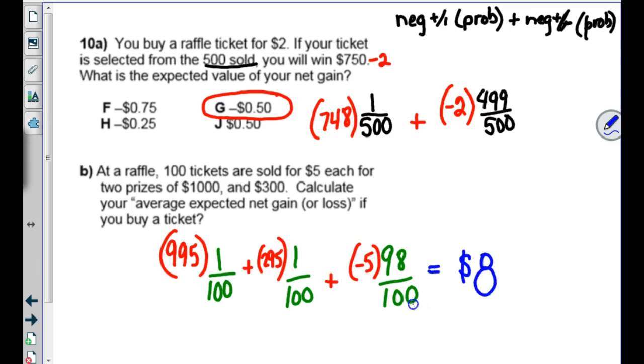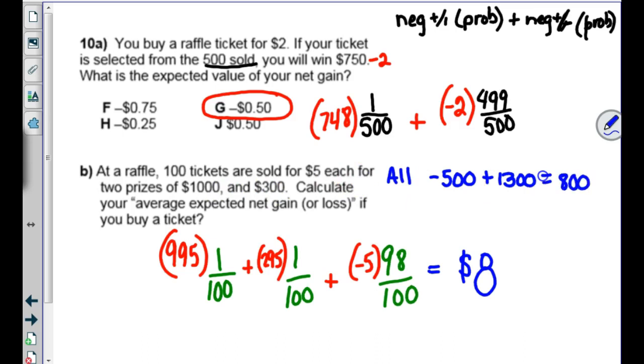The only way it's positive is if it's a really good idea to buy a ticket. If I bought all of the tickets for this, I'd be $500 in the hole, right, guys? But then I'd automatically win $1,300 because I'd win both prizes.